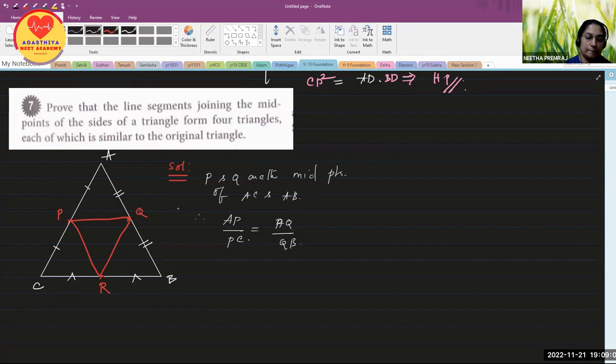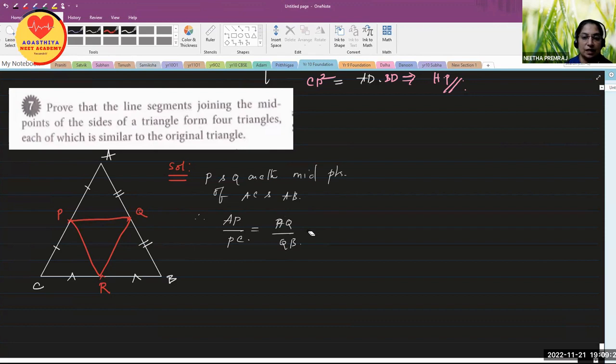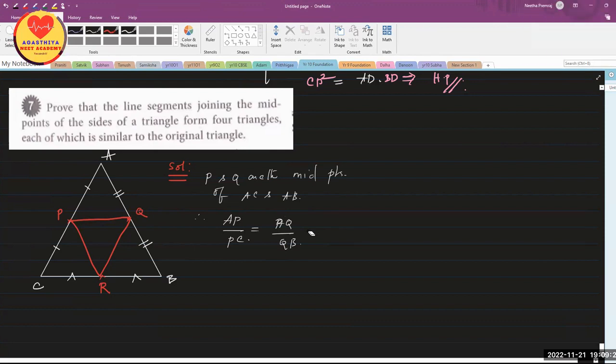Because by the midpoint theorem, you can write this ratio, because both are equal to 1. This you could cancel, this also you could cancel. Guys, can you understand?